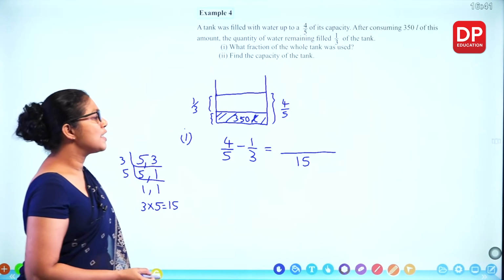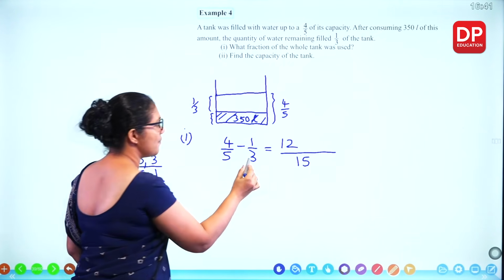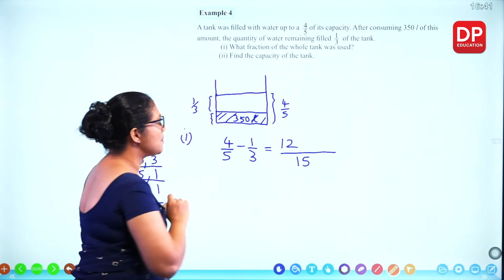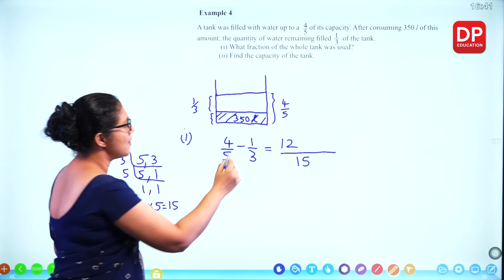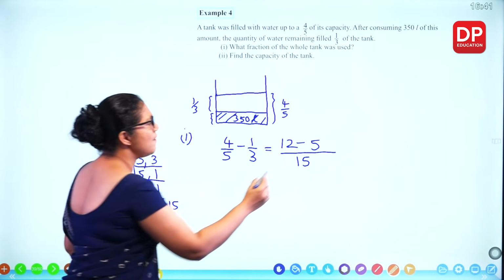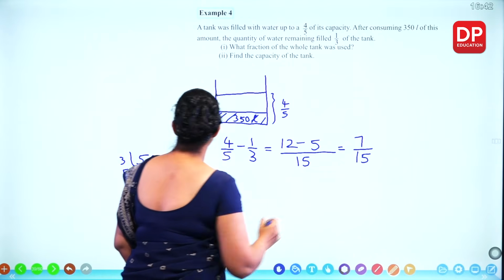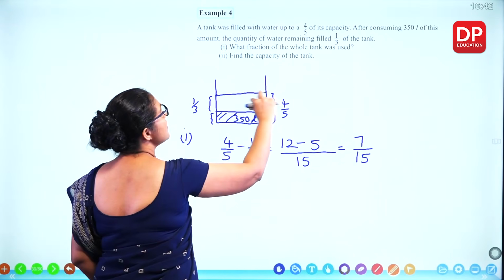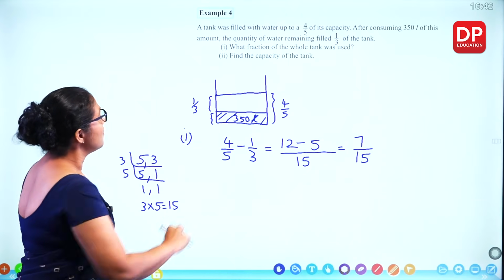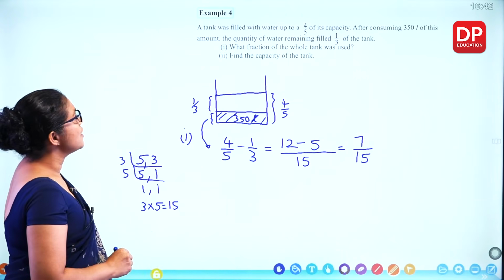How do you get 15 from 5? Multiply by 3. 3 times 4 is 12. How do you get 15 from 3? Multiply by 5, and multiply the numerator by 5 as well. So 12 minus 5 is 7/15. So the used part is 7/15.